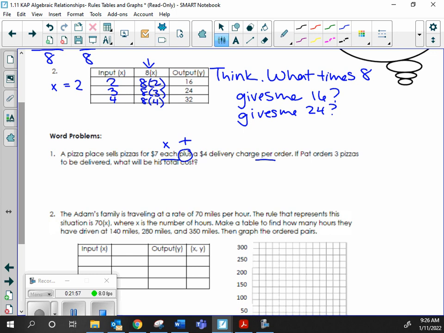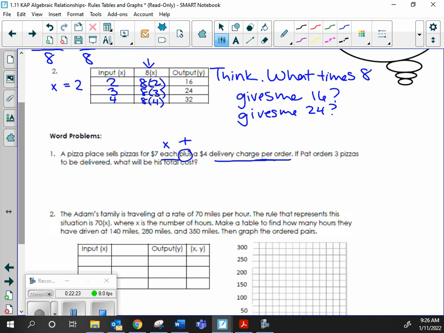Do you think Domino's is going to be like, here's the first pizza that you ordered, they're going to drive all the way back, and then here's the second pizza, and they do that like 20 times? No. So you have to keep in mind that this per, yes, that means multiplication, but per order, how many times are you actually going to pay that $4? Once, because the order is all of the pizza, okay?